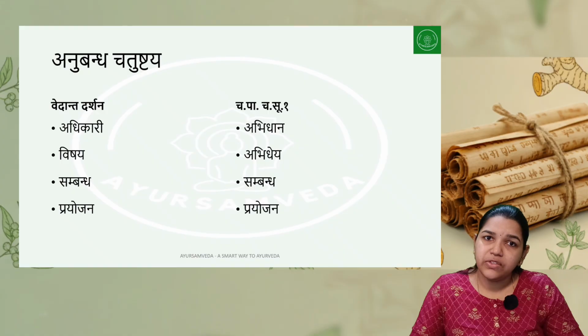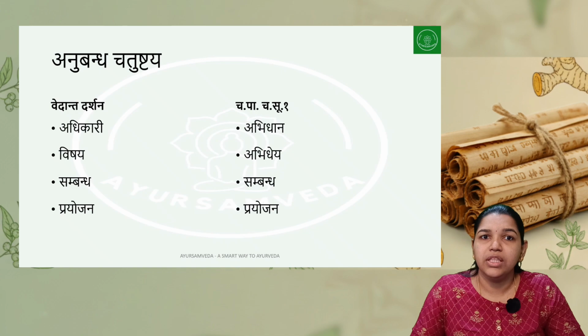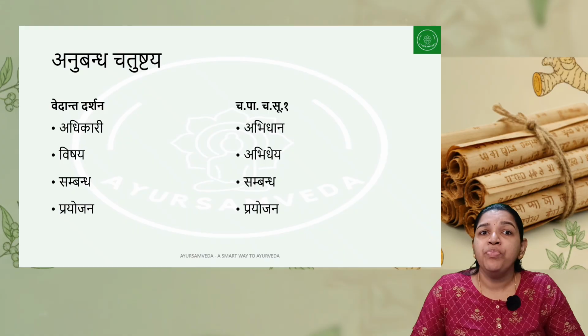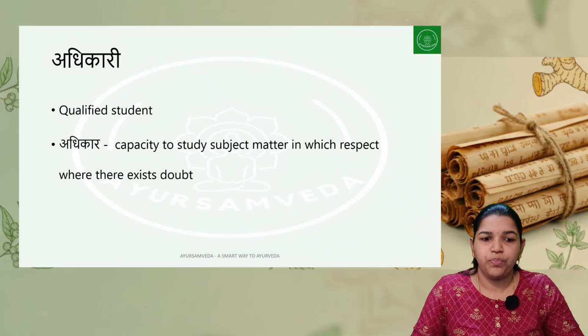So the concept is same in Vedanta Darshana as well as other Darshanas and in Charaka Samhita, but the terms are little different. So these are the 4 factors which are responsible for the proper understanding of a textbook or for proper study materials. So we will see individually what these factors are telling about.